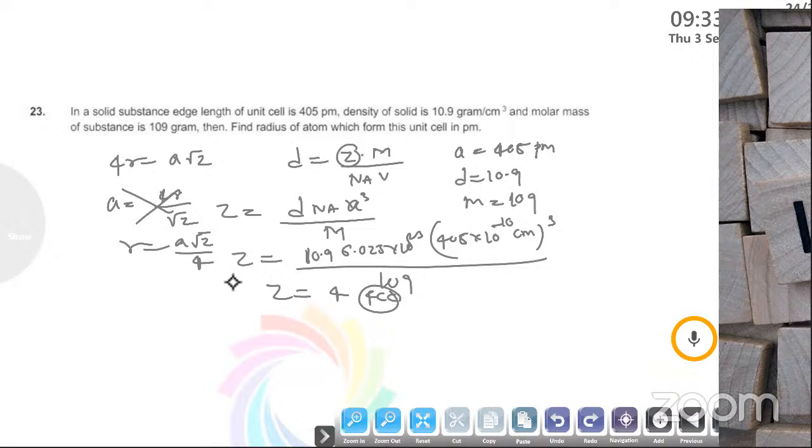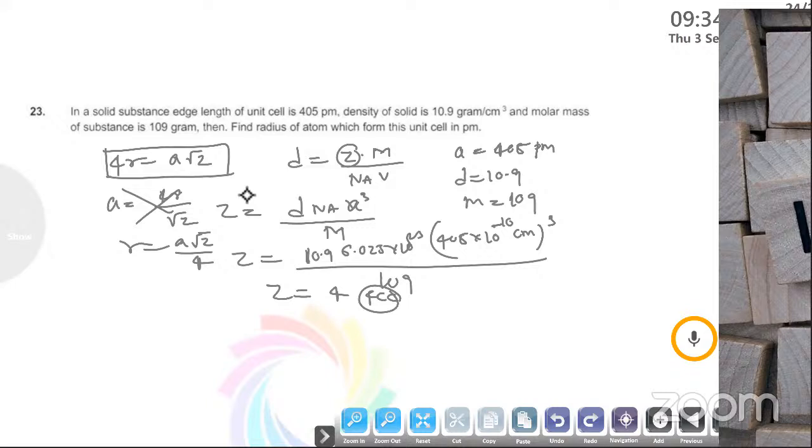First of all, what is the use of calculating the Z value? It is an FCC unit cell. In an FCC unit cell, 4r is equal to a root 2. Therefore, to find the radius or to give the relation between the radius and edge length, first we need to find Z based on the given data.